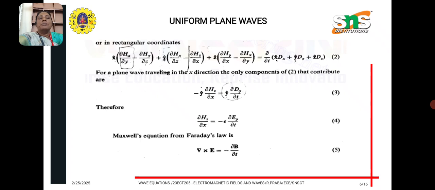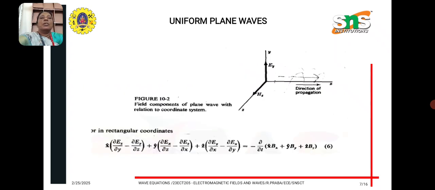And Maxwell's another equation, derived from Faraday's law, is del cross E is equal to minus ∂B/∂t.